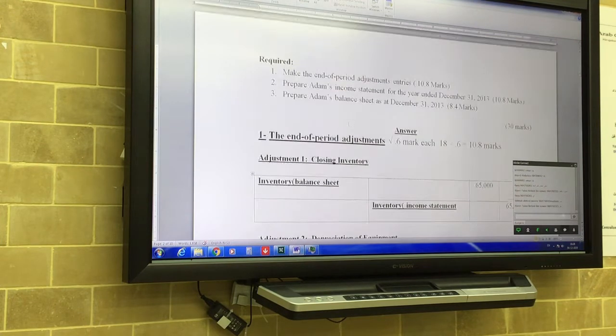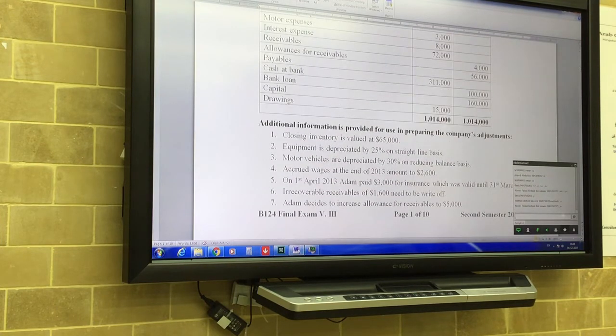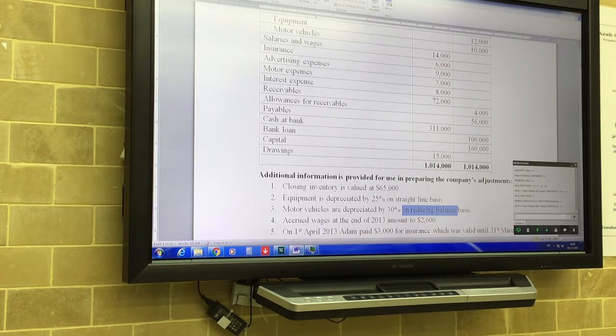So for the motor depreciated by 30%, but there is a message: he told you reducing balance basis. Reducing balance basis means find the new book value for the motor. The new book value means the historical cost minus the accumulated depreciation.